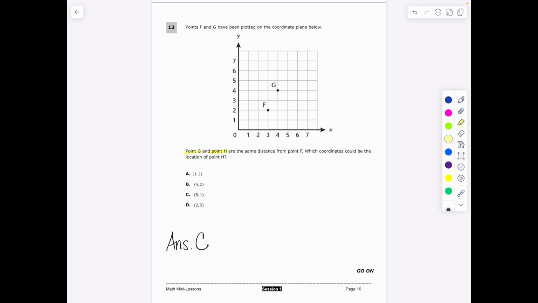So let's say I started with the first one and I just picked 1, 2. So 1, move over to 1 and up 2. So is this point the same distance? If this was my point over here, let me actually draw it in.